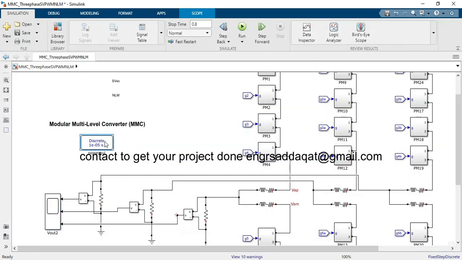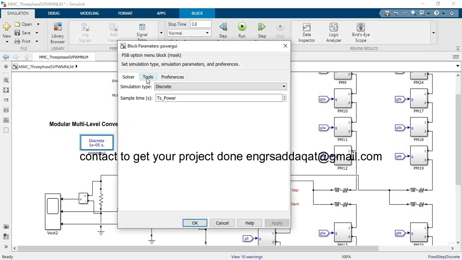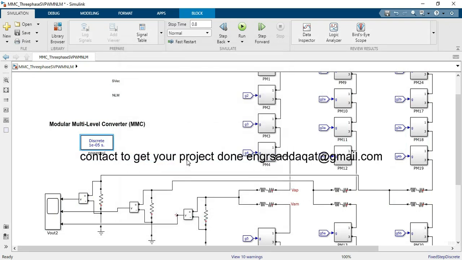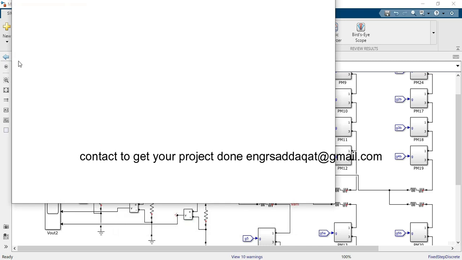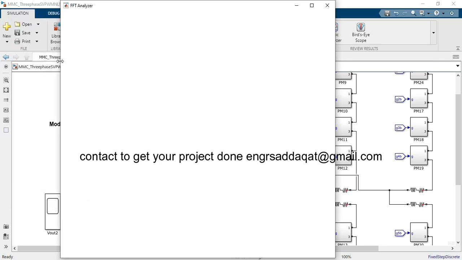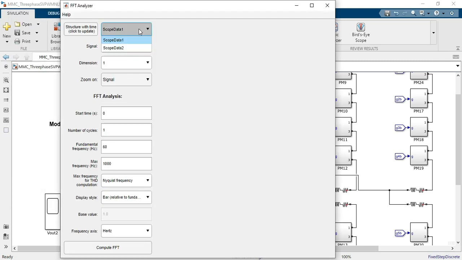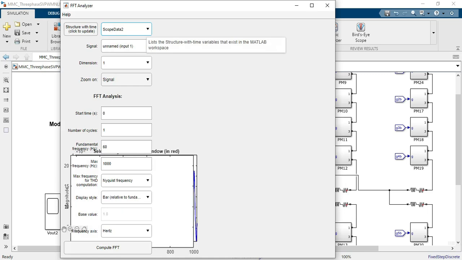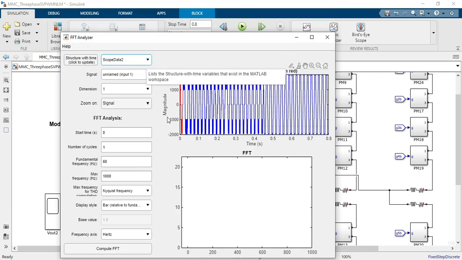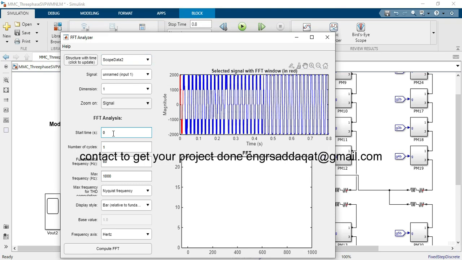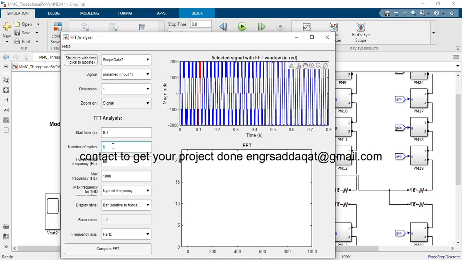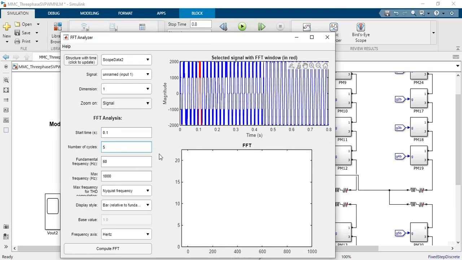Let me show you the total harmonic distortions for all three waveforms. We will select the second one and set the time as 0.1. We need only 5 cycles, and we have 50 hertz.